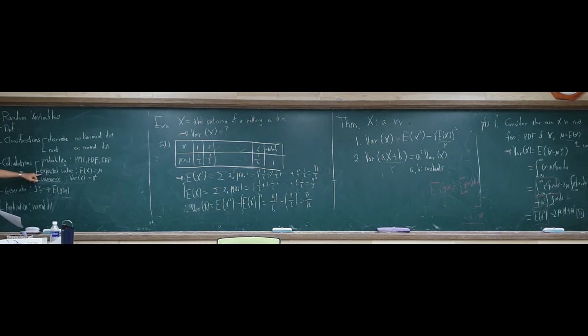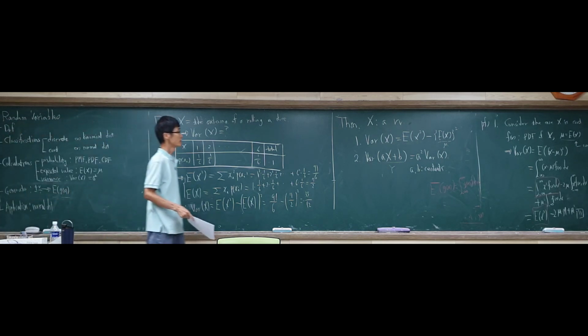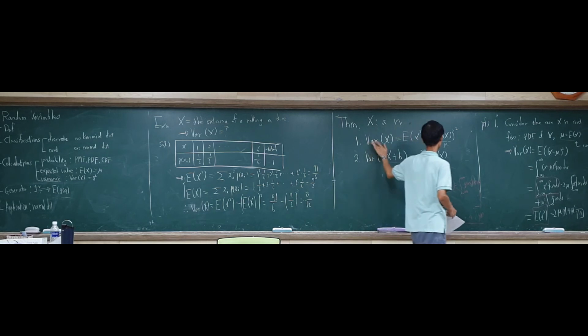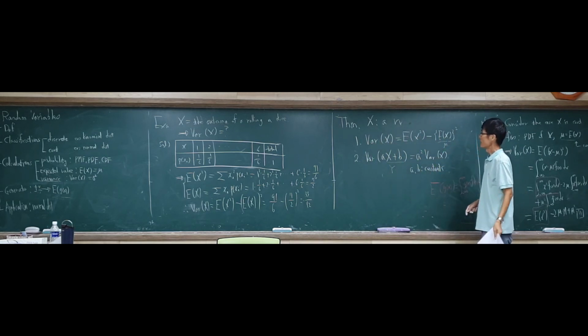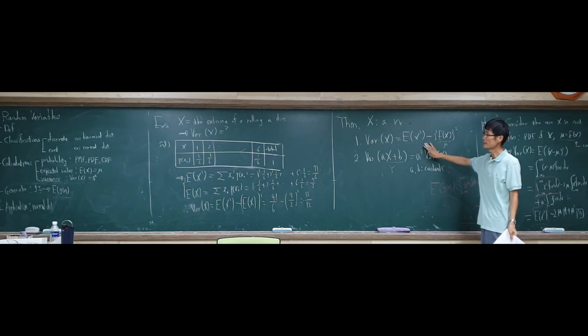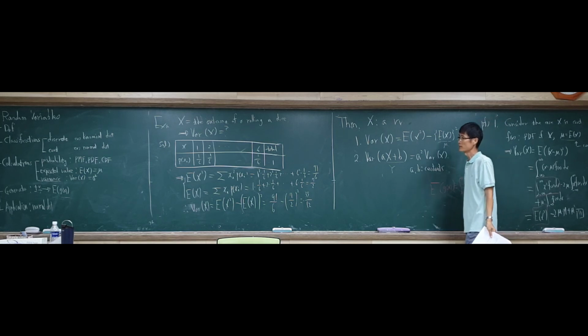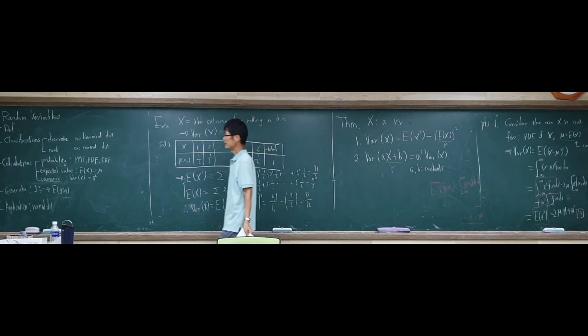And then we have studied what is the expected value of a random variable for discrete one and continuous one. And we have studied what is variance and how to calculate the variance. In many cases, it is better for you to calculate the variance by using this theorem. Of course, sometimes it's better to use just the definition of variance, but in most cases, this result is much better to find variance.